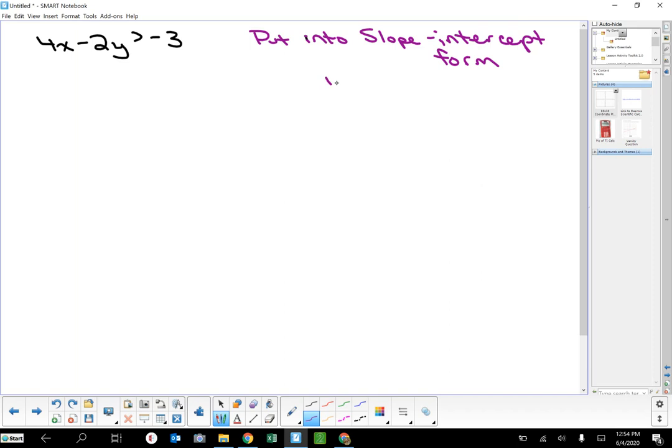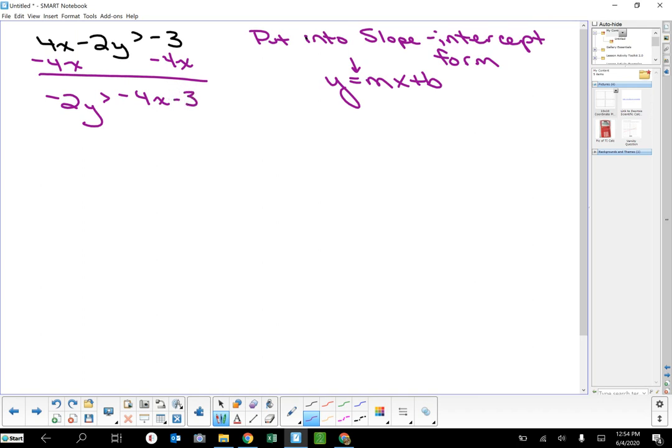Because that is not done, which is y equals mx plus b. Granted, this is going to be an inequality sign, not an equal sign, but you get the idea. So we're going to subtract off the 4x. That's going to leave me negative 2y is greater than negative 4x minus 3.